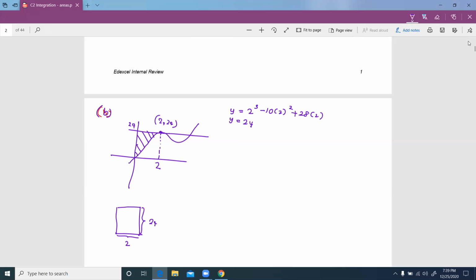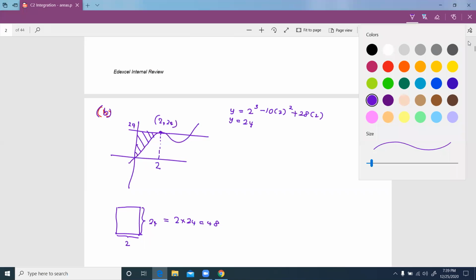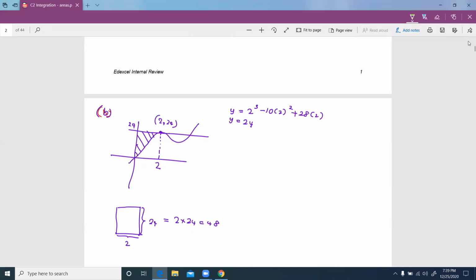So this area becomes how much? 2 times 24, that is 48. Then if you need to find this area, what I need to do is remove this area out of this rectangular part. If I remove this area out of this rectangle, you will get the required area.